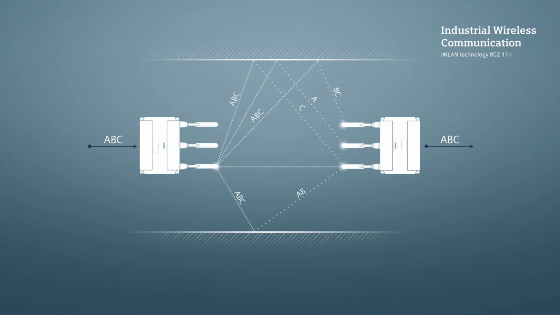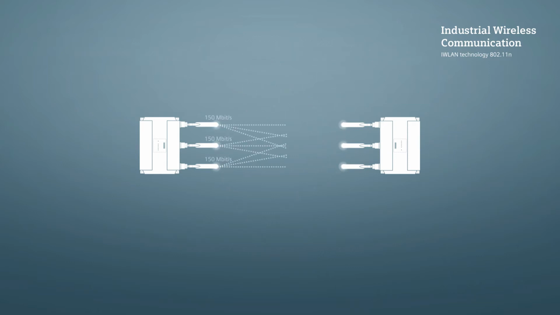This is particularly intelligent signal processing. Per data stream, a data rate of up to 150 megabit per second can be achieved. The 802.11n standard provides up to 4 parallel data streams. However, in practice, 3 data streams and thus a data rate of 450 megabit per second has been tried and tested.